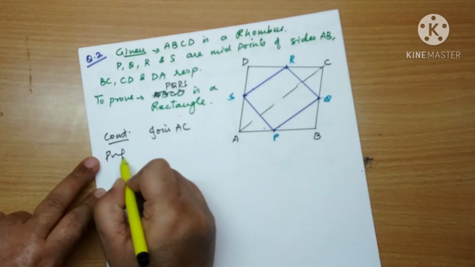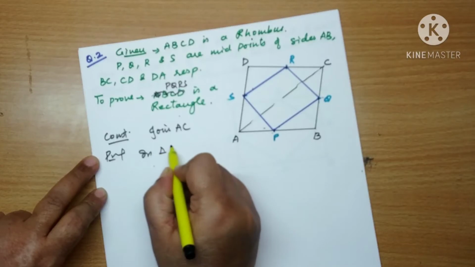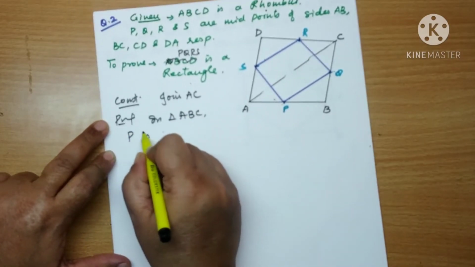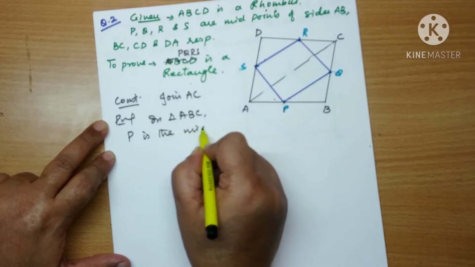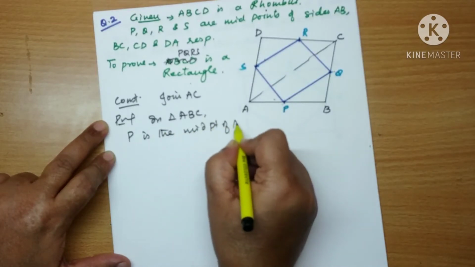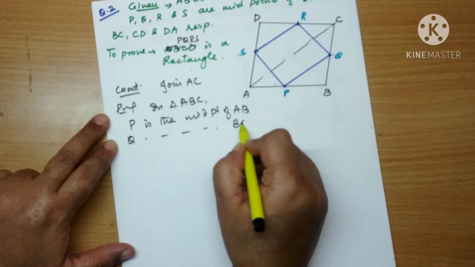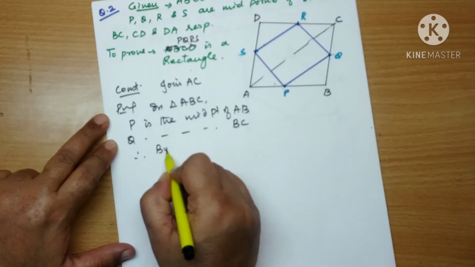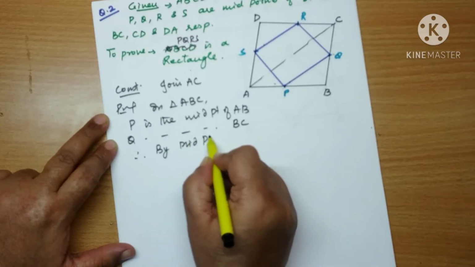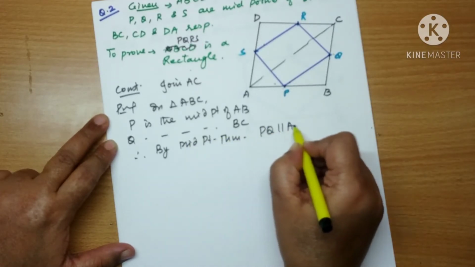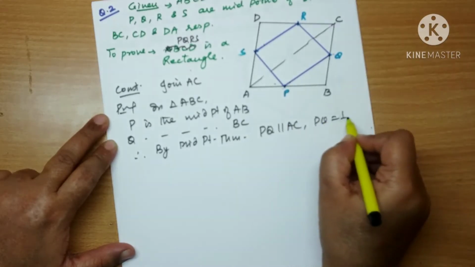Proof. In triangle ABC, I have P is the midpoint of AB and Q is the midpoint of BC. Therefore, by the midpoint theorem, I have PQ is parallel to AC and PQ is half of AC.